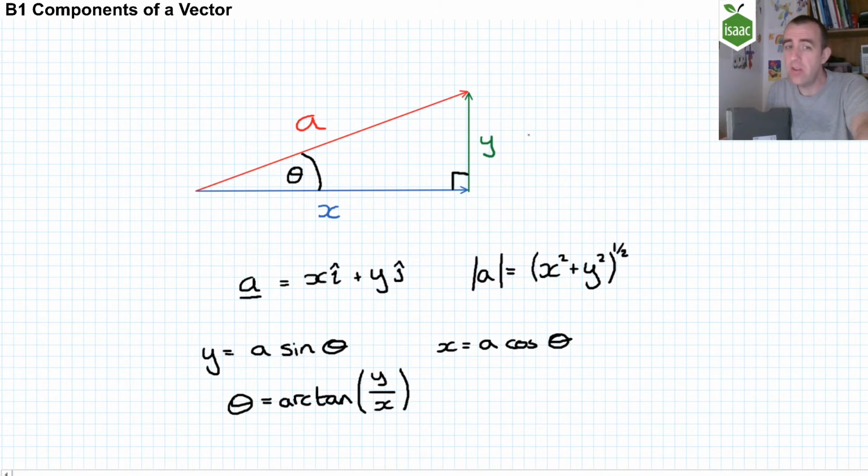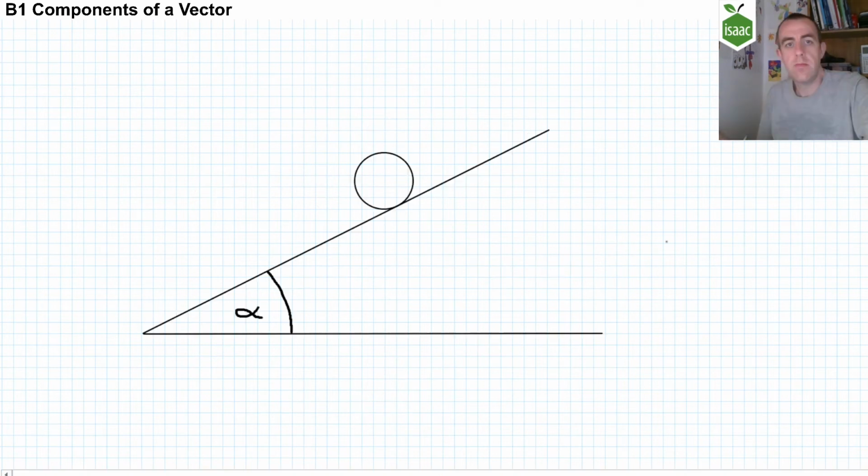But it's not always useful for our vector components to be exactly horizontal or exactly vertical. For example, we might have a situation where we have a trolley on a ramp. It's a very common situation physicists find themselves in. Now suppose there is no friction and we want to find the acceleration of this object as it rolls down the ramp.